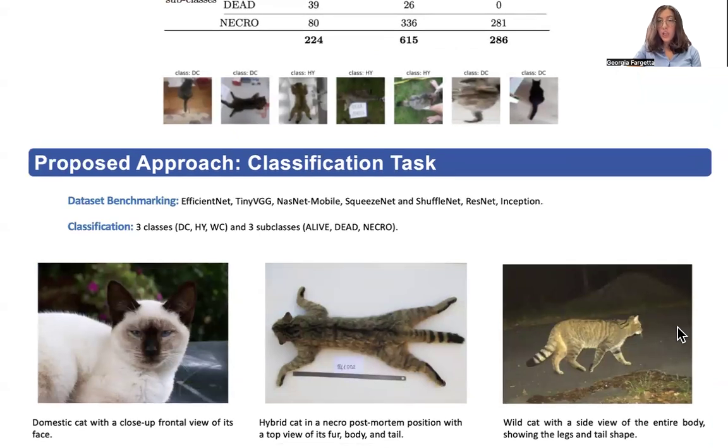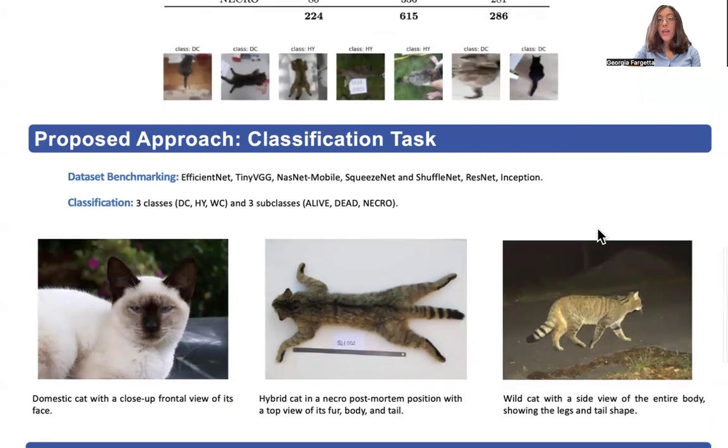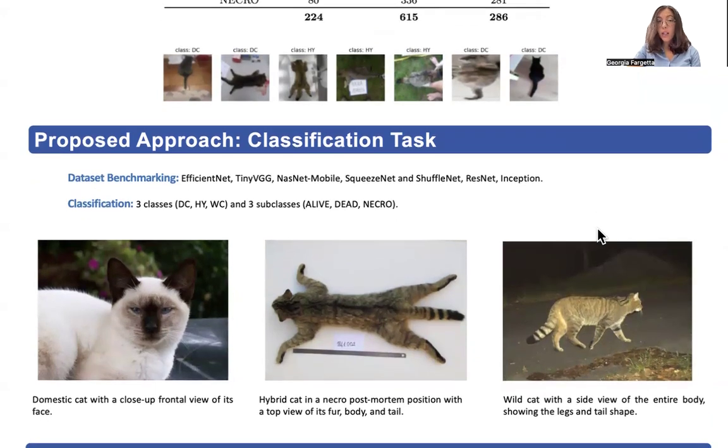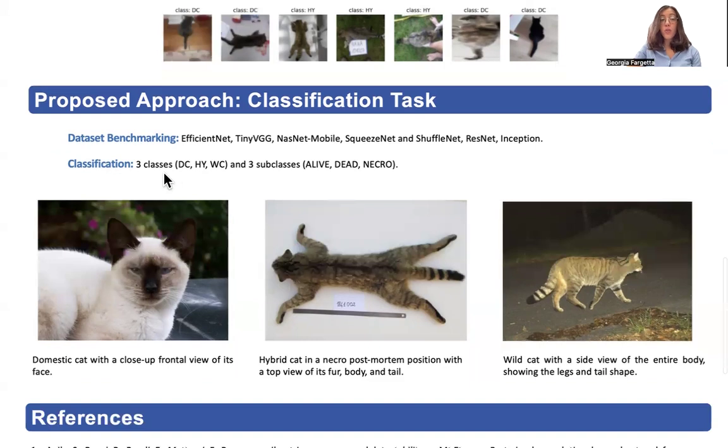Using image classification, we make a dataset benchmarking using different networks. In particular, we finally consider ResNet 18 and Inception, which are the two nets that have the best accuracy.